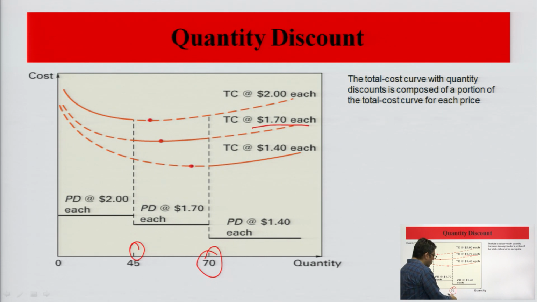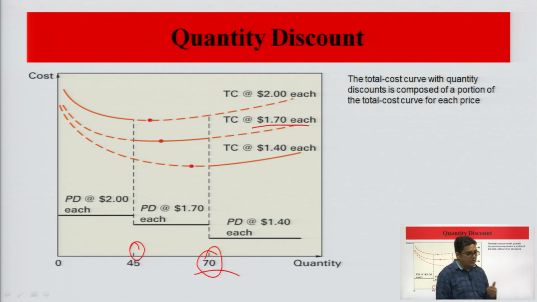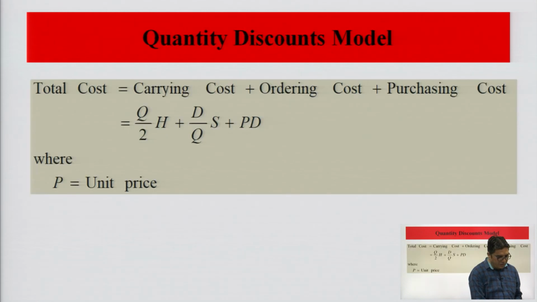If you purchase 70 or more, the discount goes to $1.40. So this is how the discount is offered. The larger the quantity you purchase, the higher the discount is likely to be given by the organization.